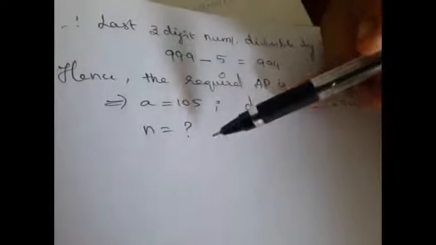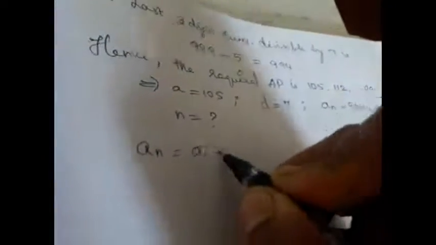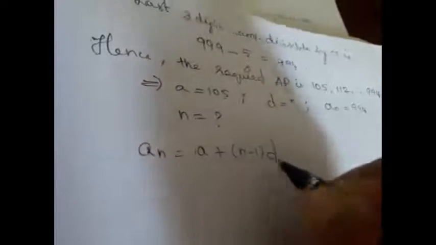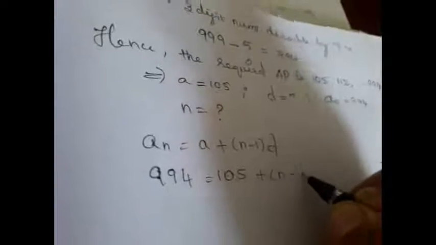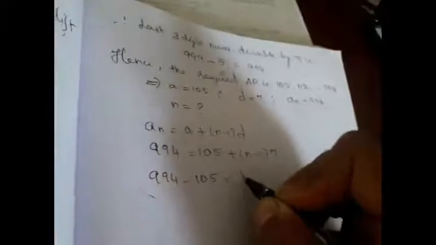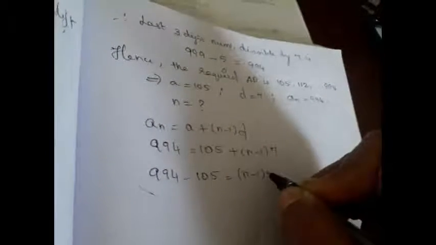Now we need to find what is our N. How will you find out? The same AN formula. AN is equal to A plus N minus 1 times D. AN is 994. A is 105. N we don't know. Common difference is 7. So 994 minus 105 is equal to N minus 1 times 7.